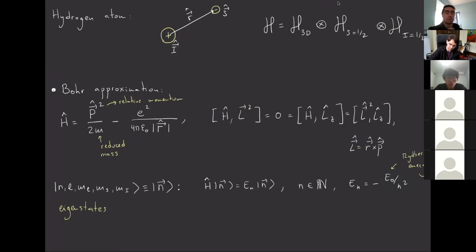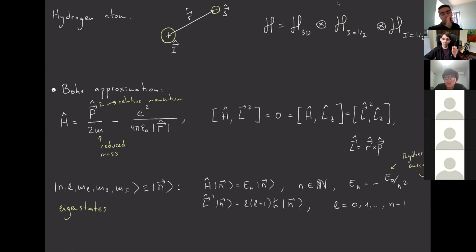On the other hand, if we apply L square to the eigenstates, then what we get is L times L plus 1, so something that is of order h bar squared, acting on the eigenstate. And what's important is that this L is restricted to 0, 1, all the way to n minus 1.